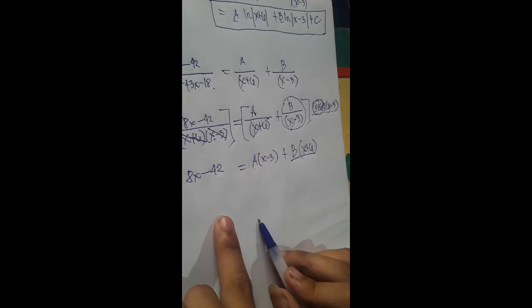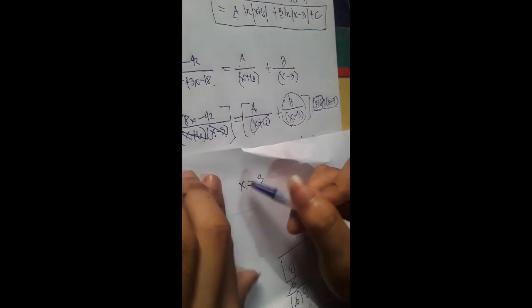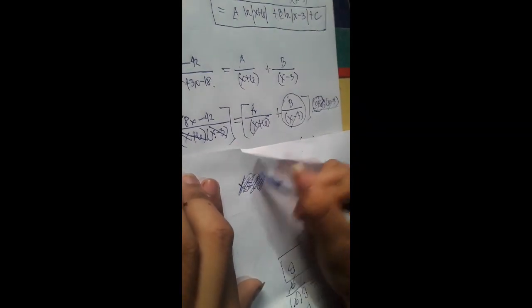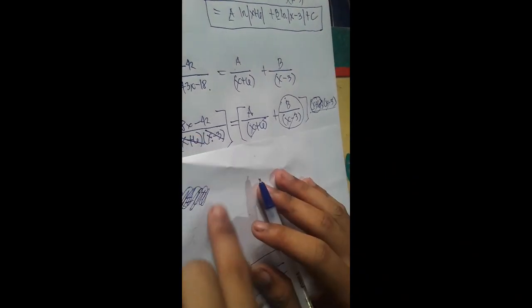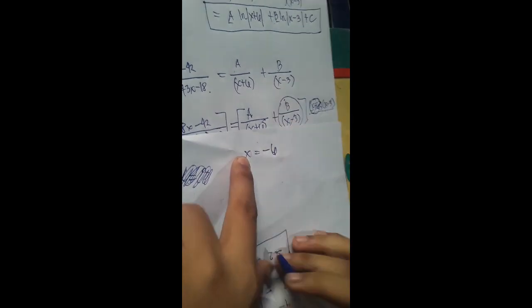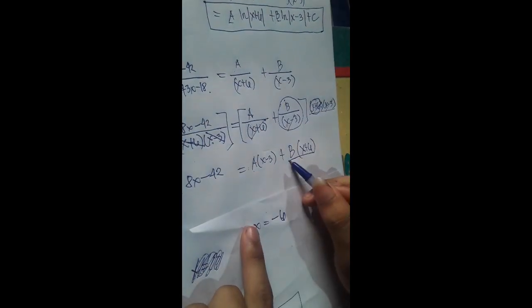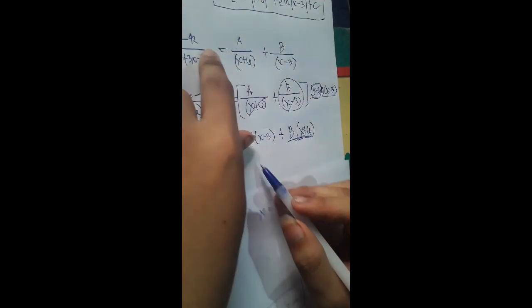Sorry for that one, this is wrong. So our value for x for now is negative 6, in order to eliminate this part and get the value of a.